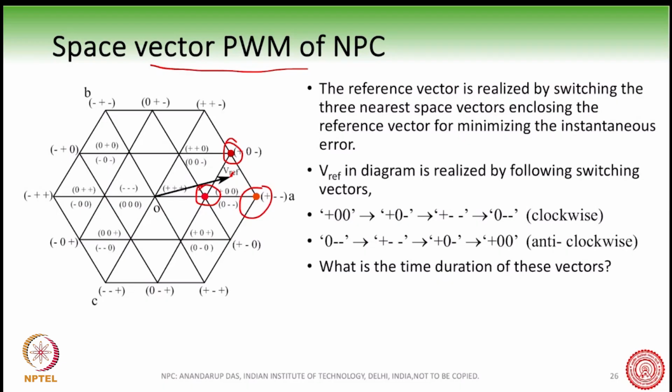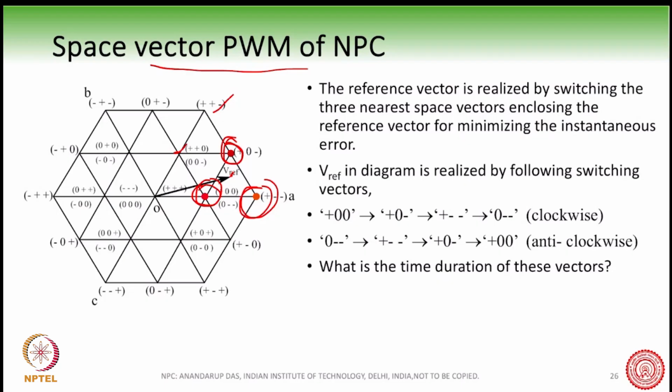We can as well switch the outside vectors like these ones, but it will increase the instantaneous error. So when the reference vector is here, we will always switch the three nearest vectors which are forming a triangle, and this reference vector is inside that triangle.